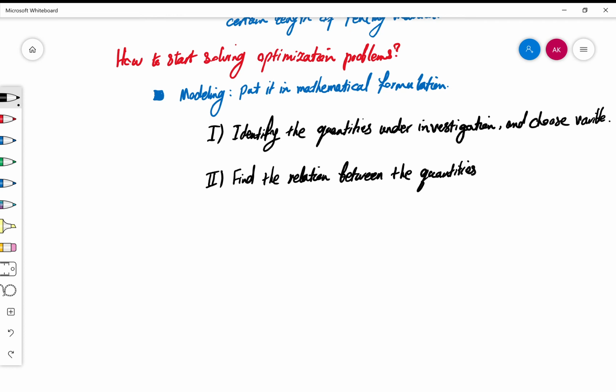That's what you have to write down. In other words, in terms of the variables, write down all the equations involving your variables.